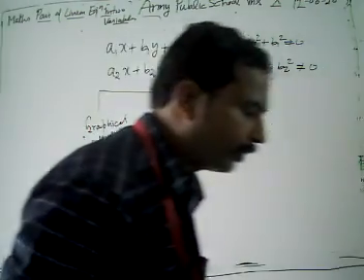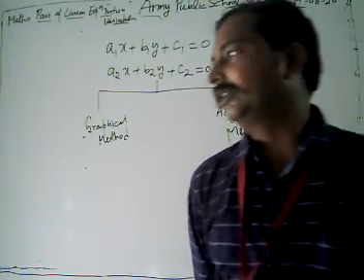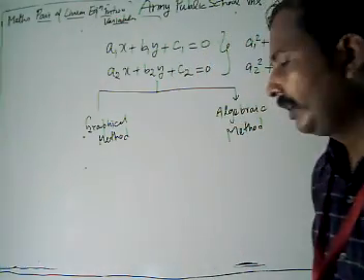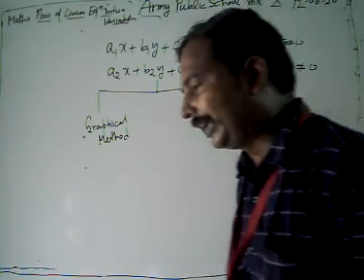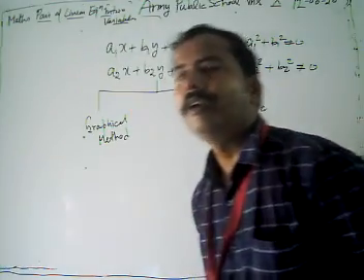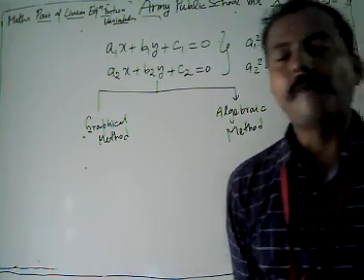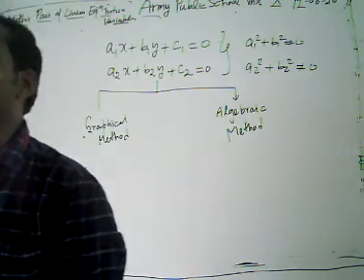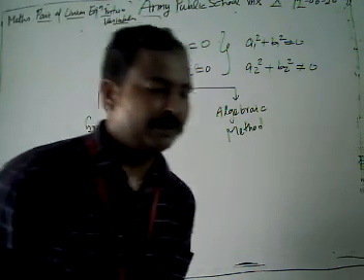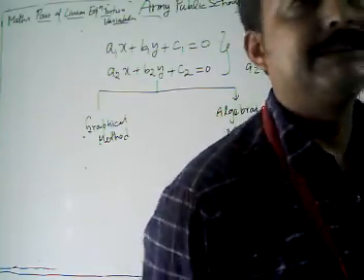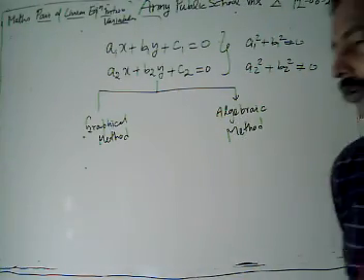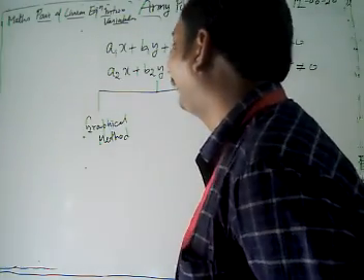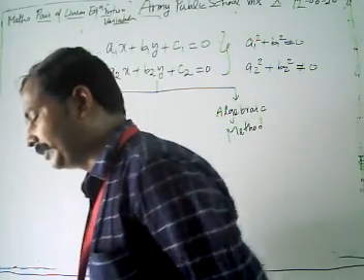Maybe both lines are intersecting, or maybe both lines are parallel to each other, and the third and last condition is that both lines coincide with each other. These are three possibilities when we find the solution by the graphical method.